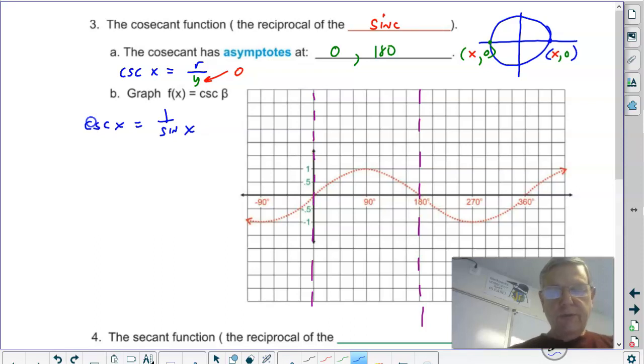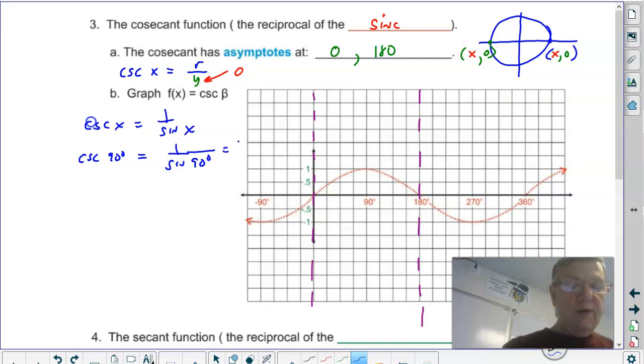I'm going to do some values in here and hopefully help you understand. First, the cosecant of 90 degrees. That should be 1 over the sine of 90 degrees. Just take the sine of 90 and then do the reciprocal. Well, sine of 90 is 1. So what's the reciprocal of 1? 1.